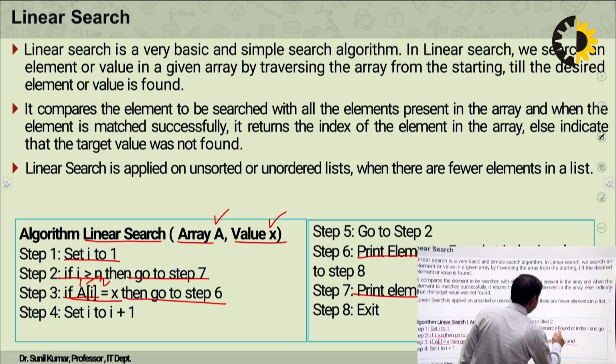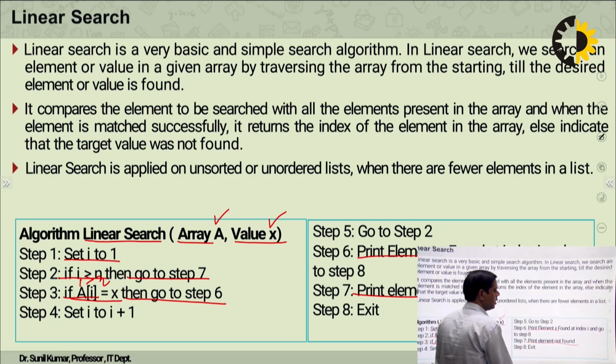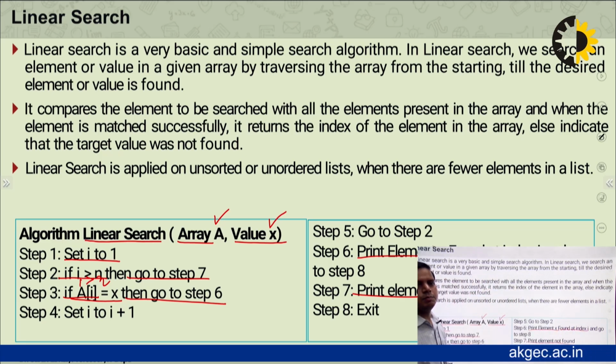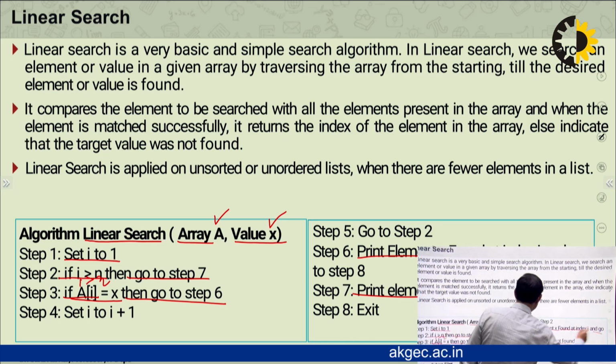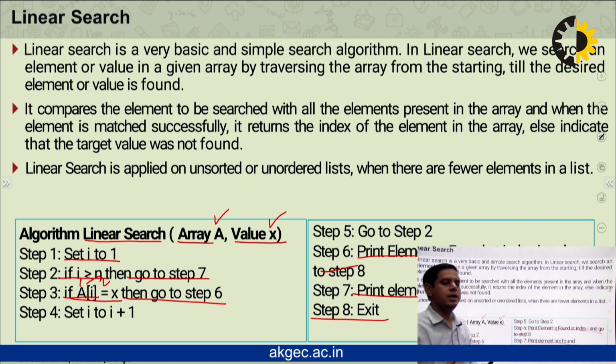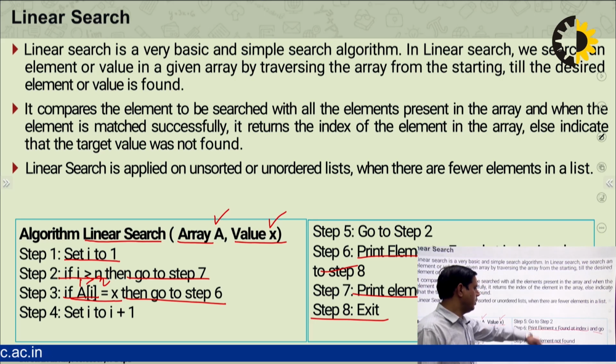Print element x is found at index I, as we have discussed in the previous example. In our example, that was found at the index 2. Then go to step 8. Step 8 is exit. That means if there is a match, we print the index where the element is found, and simply exit.